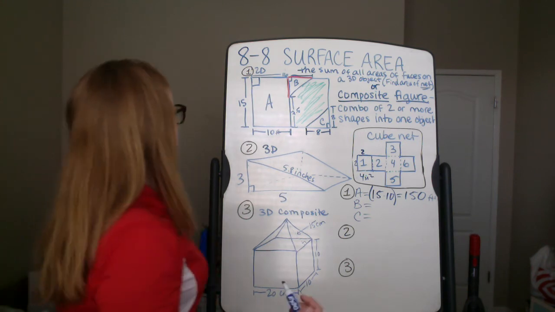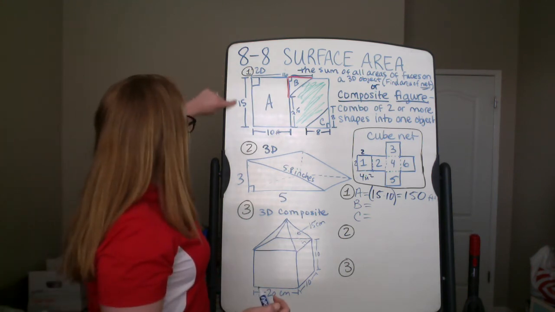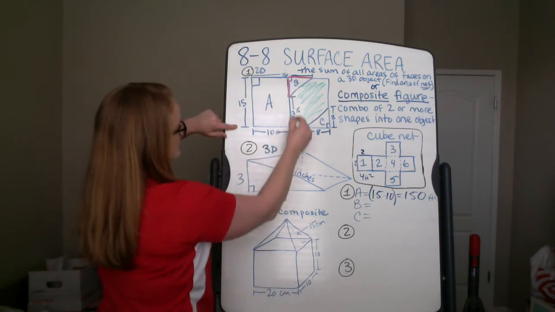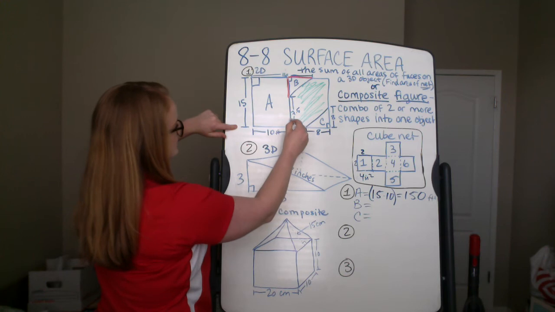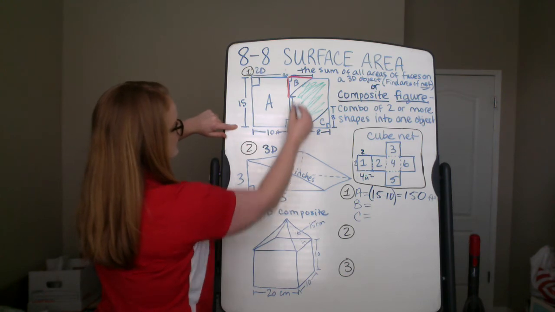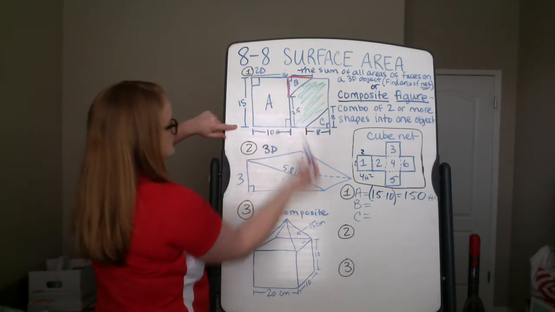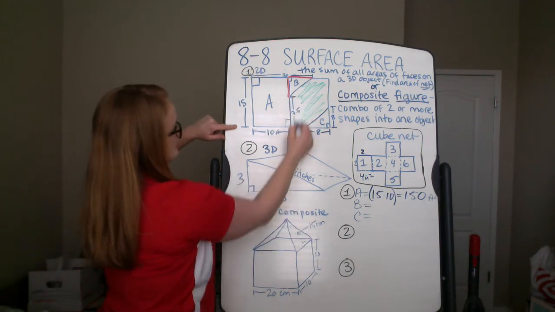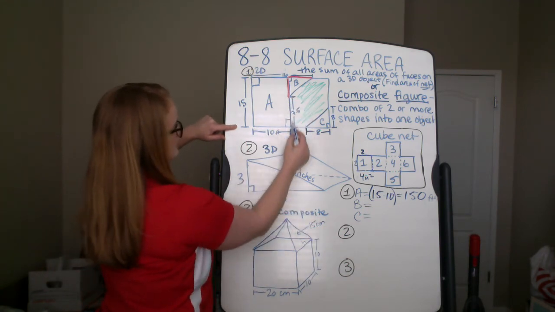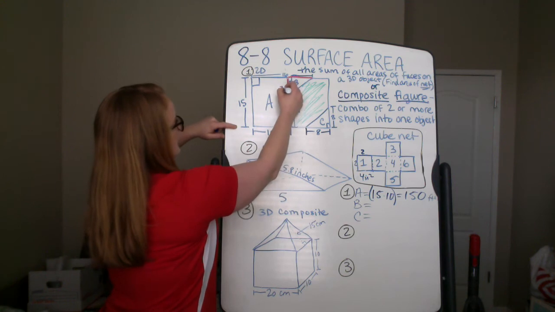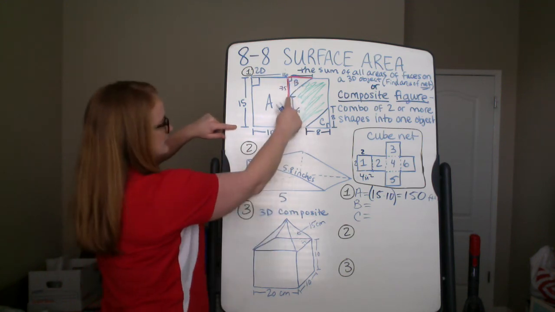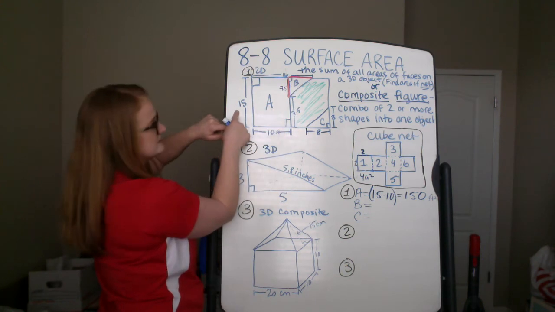So this length is 15 from here to here. That means this parallel line from here to here would also be 15 feet. If we know that from here to here is 7.5, the one I have labeled, that length also has to be 7.5 because 7.5 plus 7.5 is equal to 15.